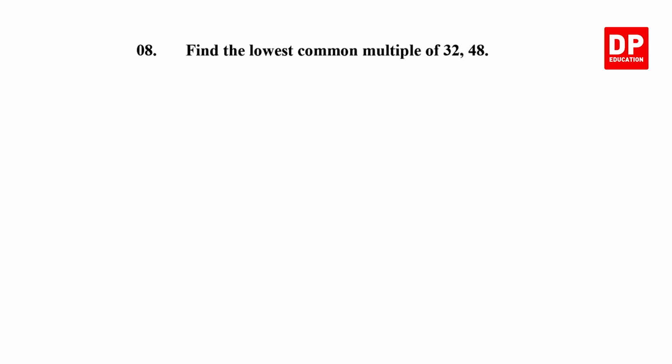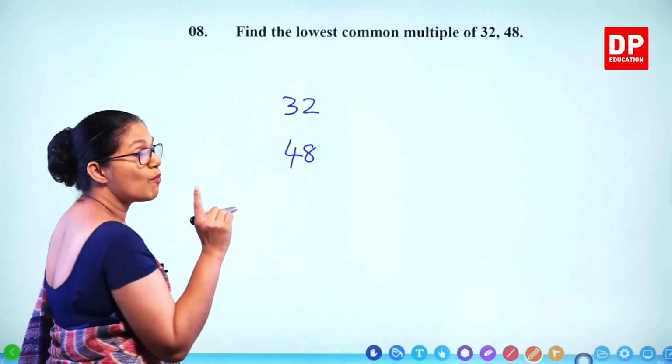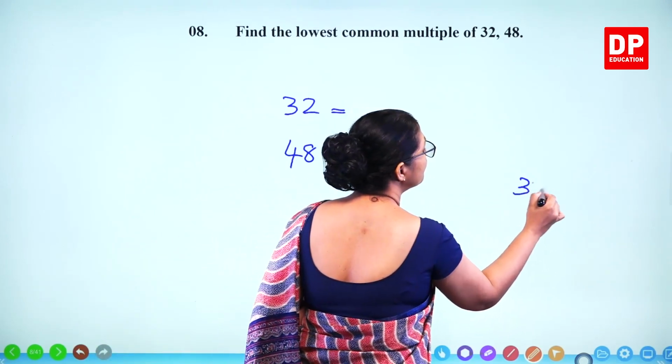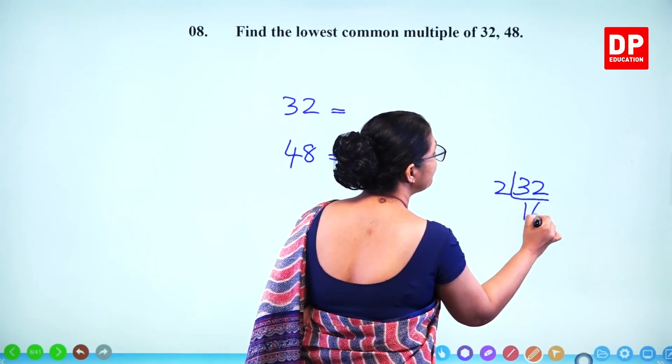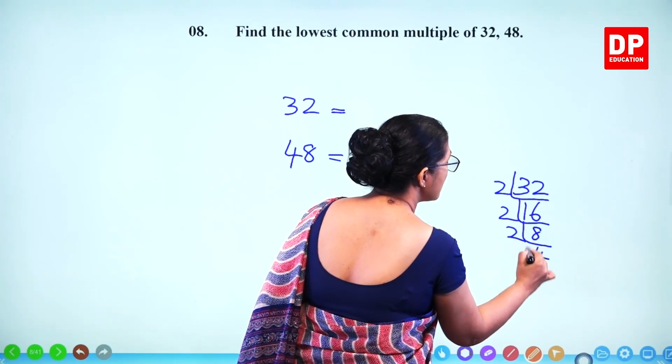Question number 8. Find the lowest common multiple of 32 and 48. Let's see what the prime factors are. 32, you can divide by 2. How many times?